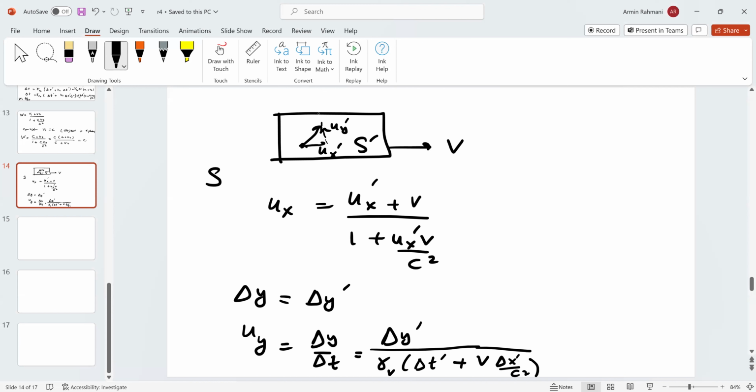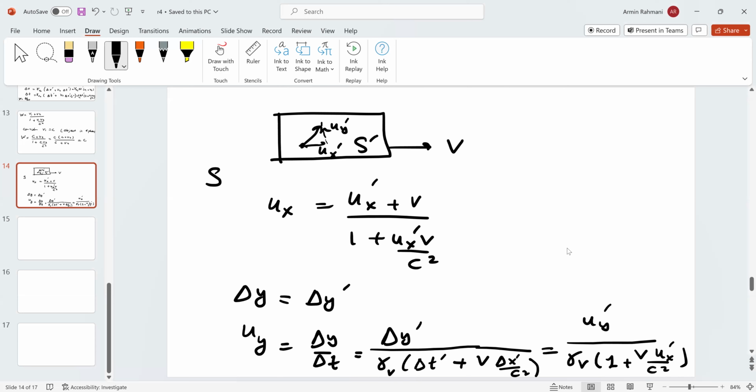So you see that if I divide both sides by delta t prime, what I get here is delta y prime by delta t prime, which is uy prime, the velocity in the S prime frame. Then I have this gamma that remains, and then 1 plus v delta x prime divided by delta t prime, which is ux prime divided by c squared. So that's called the transverse velocity addition formula.